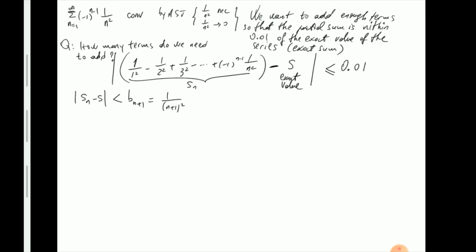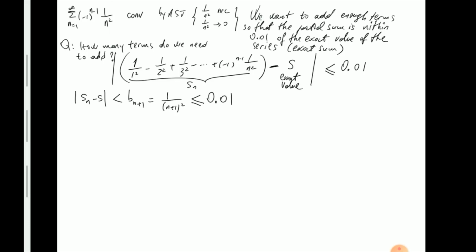So if I add enough terms so that Bn plus 1 is less than my desired error, then that number ensures that the partial sum is within 0.01 of the exact value. So all you have to do is take the n plus 1 term and make it less than your desired error, which is 0.01, and if you solve that inequality, it will tell you how many terms you need to add to be within that error.